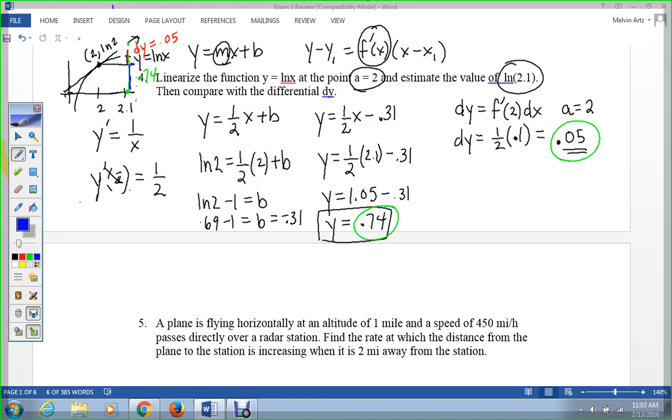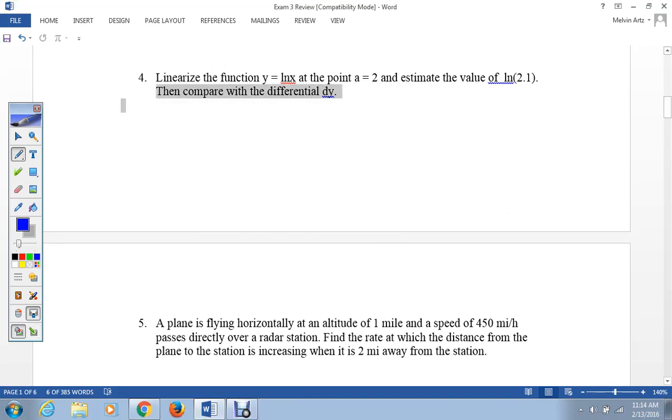But if you want to take a look at comparing your two values to verify, yeah, those are about the same, you could then go back and look at the value of that blue line that I drew up from the x-axis and add that in to compare it to your linearization, and you'll see those values would be very close to each other. Okay, let's look at the next problem.